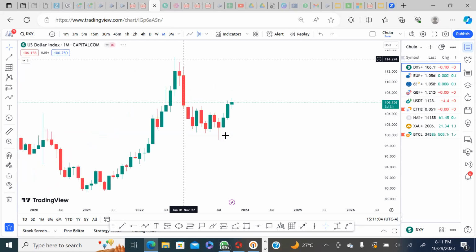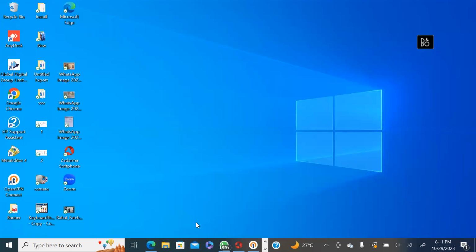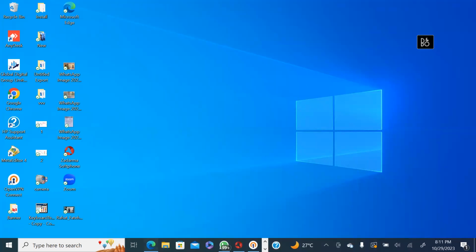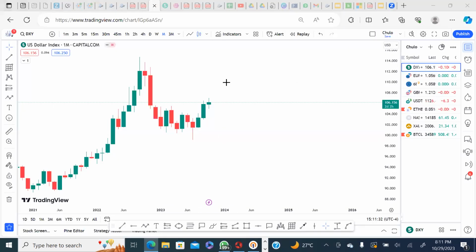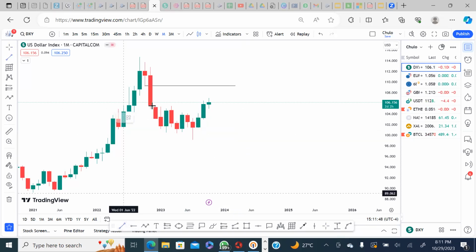Now from the monthly time frame on DXY, this is the monthly chart. So I can see this monthly FVG here.